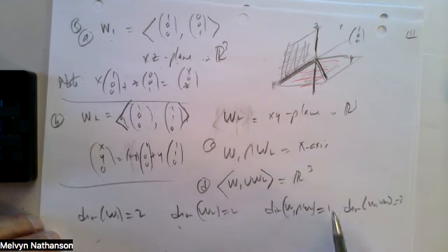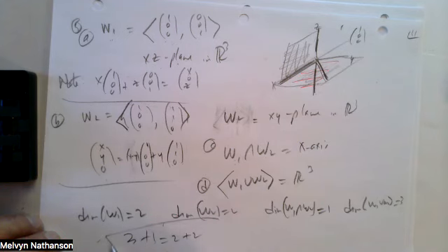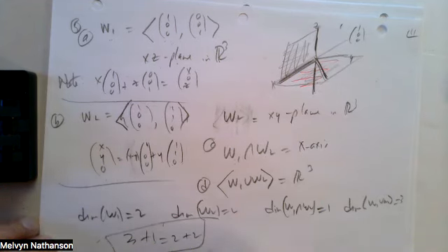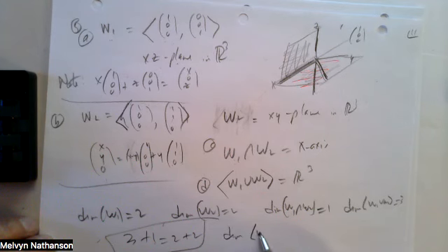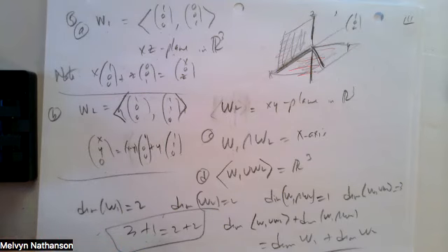And it just says to observe that 3 plus 1 equals 2 plus 2. That's the dimension of W1 union W2 plus the dimension of W1 intersect W2 is the dimension of W1 plus the dimension of W2. So all that is saying is confirm that 3 plus 1 equals 2 plus 2, and I assume everyone knows this.